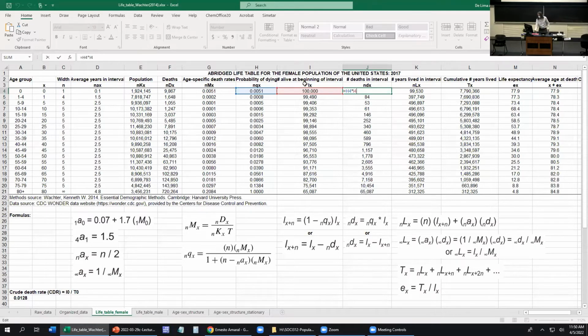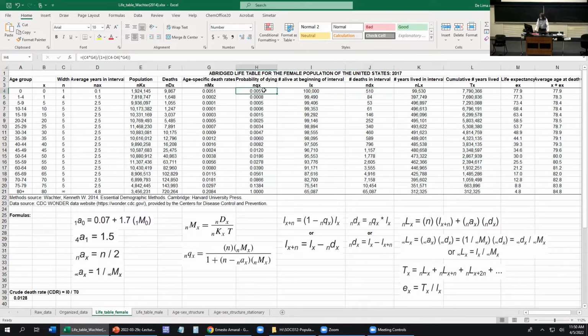Since the little lx is the number of people alive at the beginning of the interval, that's what I have at the top of the table, and the denominator is the population at the beginning of the interval. So this number times this number equals the number of people dying in the interval. That's this formula: dxn equals qxn times lx.